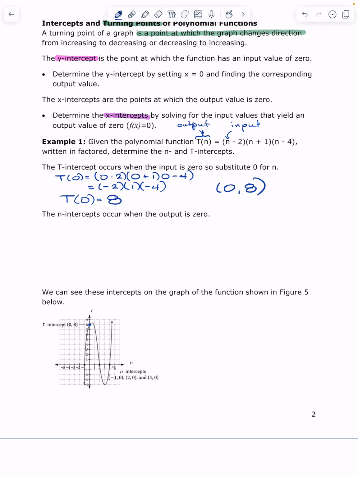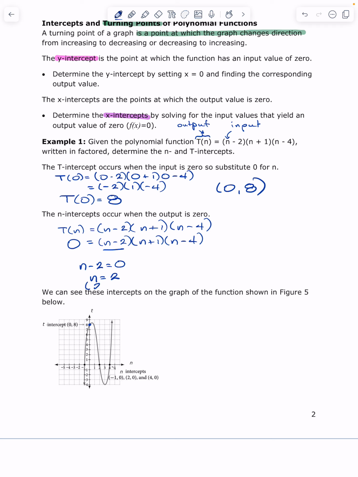The n-intercepts occur when the output is 0. So again, here's my function. T of n is n minus 2 times n plus 1 times n minus 4. I want my output to be 0. The only way I can multiply numbers and get a 0 as an output is if one of the factors is 0. So n equals 2.